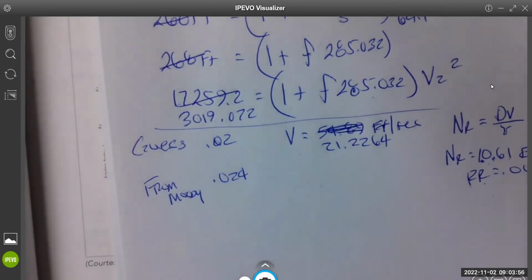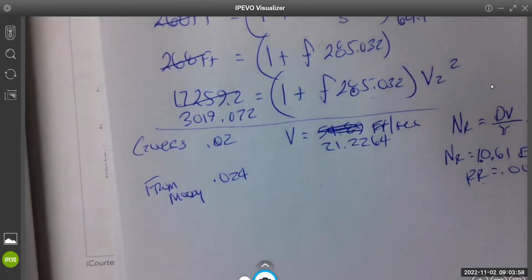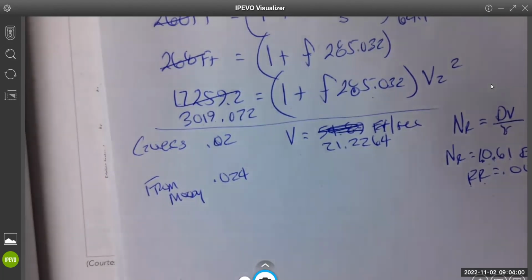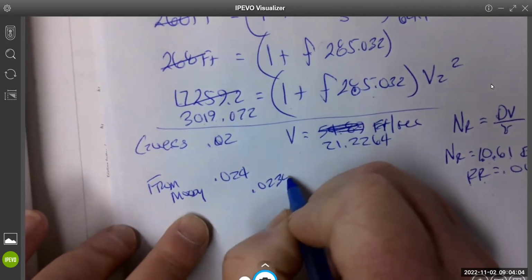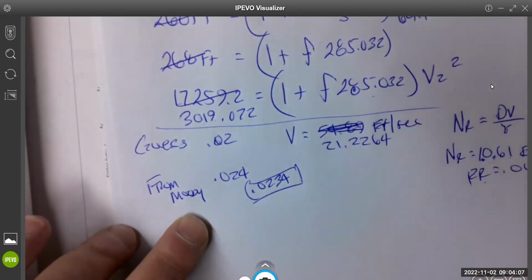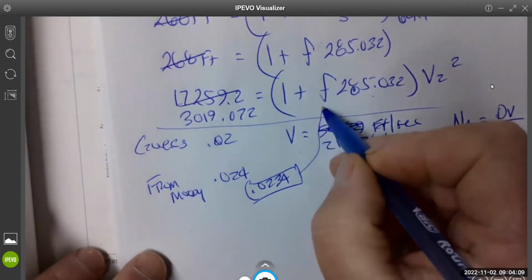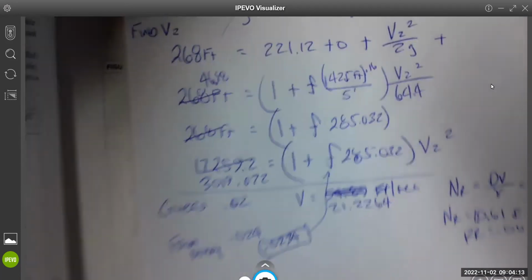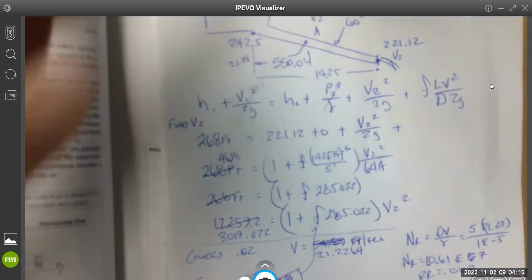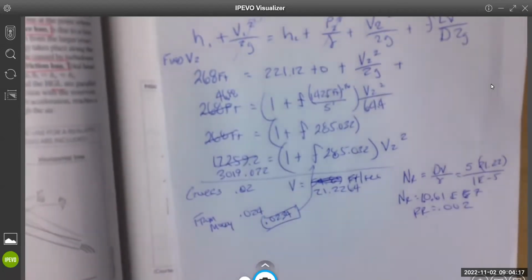That's pretty good, not bad at all. So we'll use the online 0.0234, plug that in, and get another velocity. That'll probably be our correct velocity.